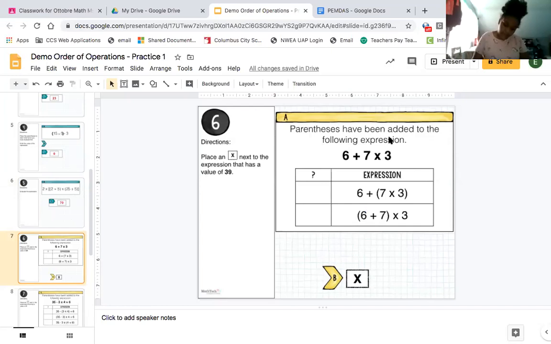Then we have to decide, is it 6 plus (7 times 3) or (6 plus 7) times 3? Because we want it to equal 39. I'm going to share my iPad again. I'm pretty sure it's the second one. Well, we will find out.